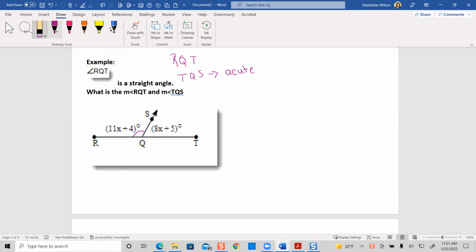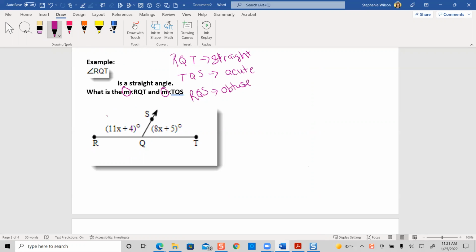And when I look at RQS, I know that it's obtuse. It's more than 90 degrees, but less than 180. And RQT is a straight line, so it's 180 degrees.